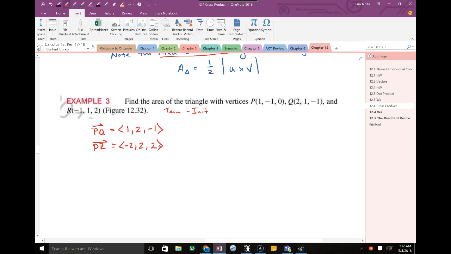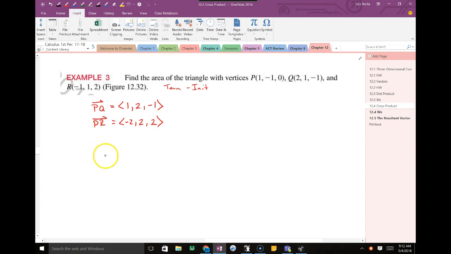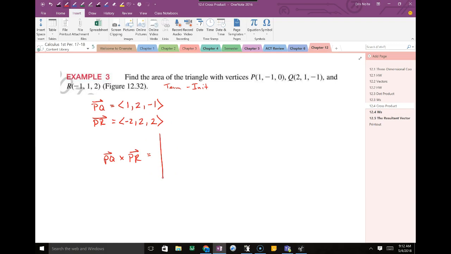Okay, so now I'm going to do my cross product. So I'm going to multiply PQ times PR. Okay, so on my 3 by 3 matrix, what goes in the top row? Hold on, what goes on the very top?